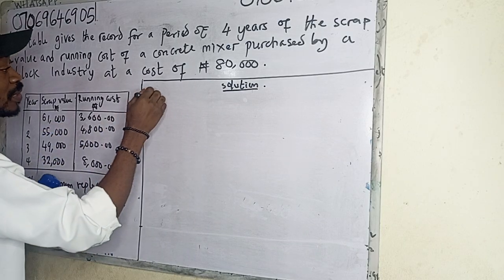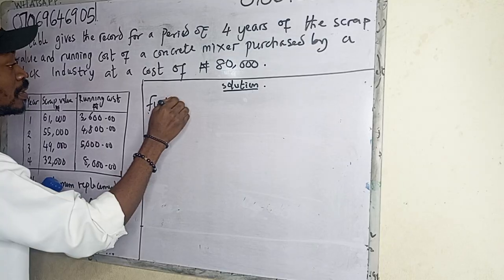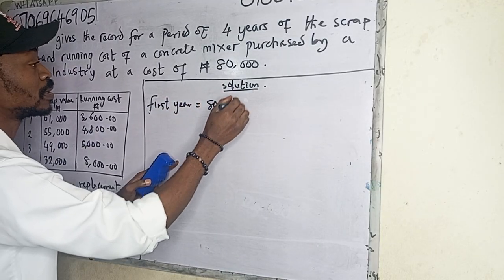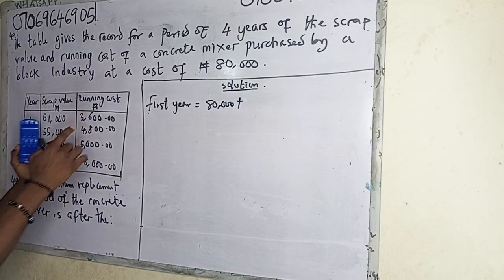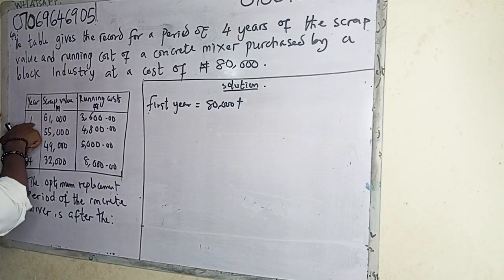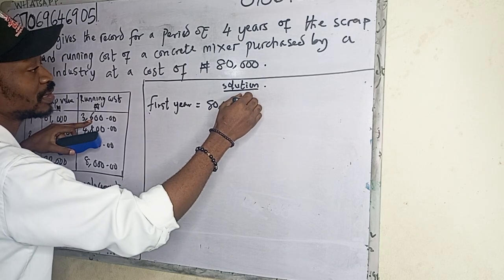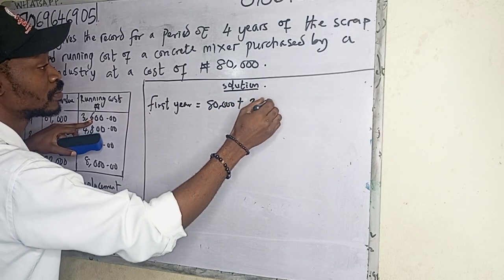The total cost for the first year will be what? The initial cost, which is 80,000. Then we add the cumulative running cost up to that year. It's still the first year, so the cumulative running cost is just 3,600.